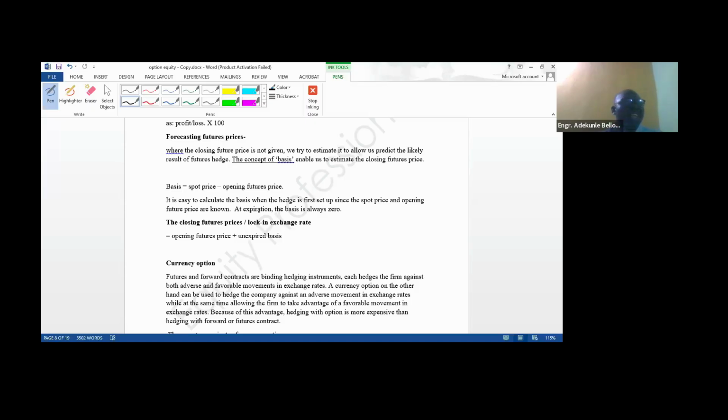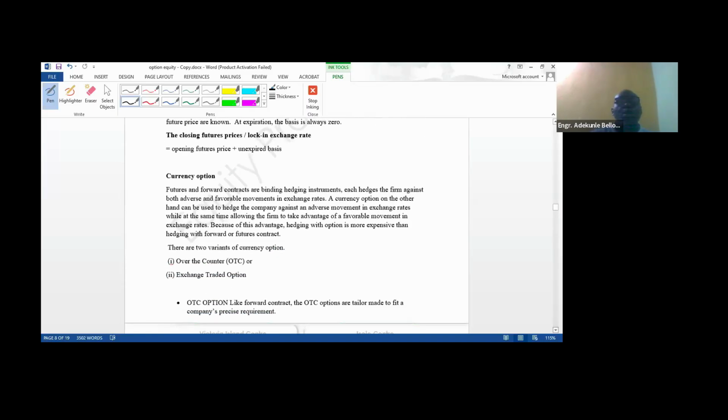Number 4, currency options. There are 2 types of currency options.